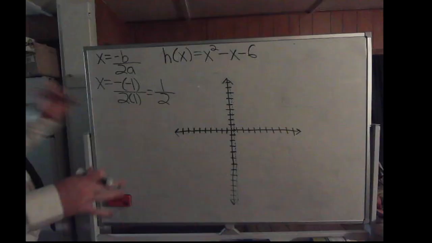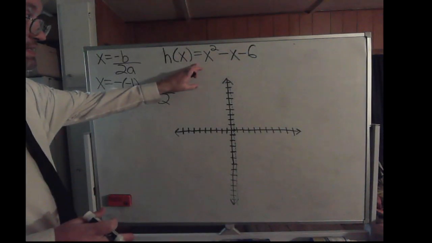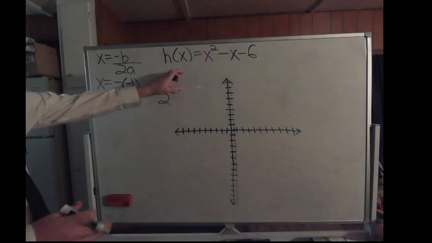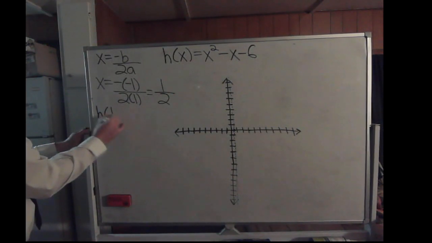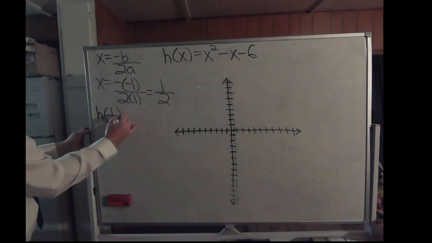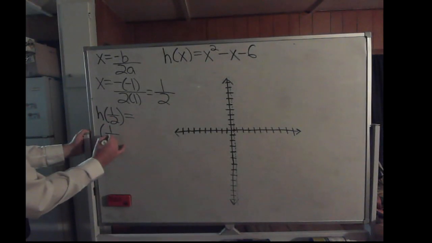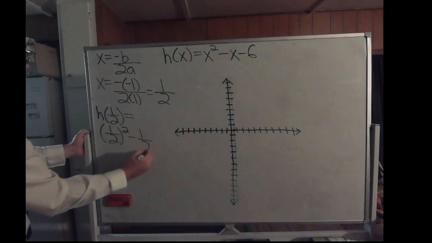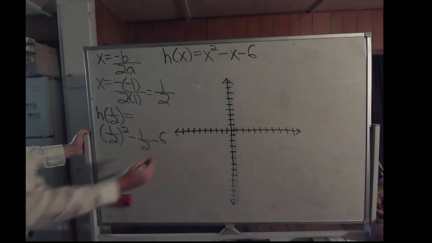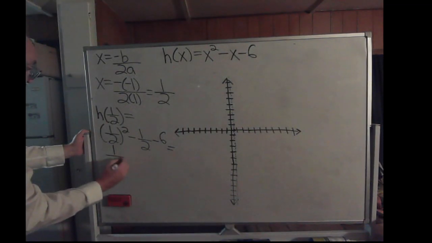Now, to find the y-coordinate of the vertex, I'm going to put that value of x into the function. So we're going to take h of 1/2. We're going to put that into the function. That would give you 1/2 to the second power minus 1/2 minus 6. Well, 1/2 to the second power is 1/4.